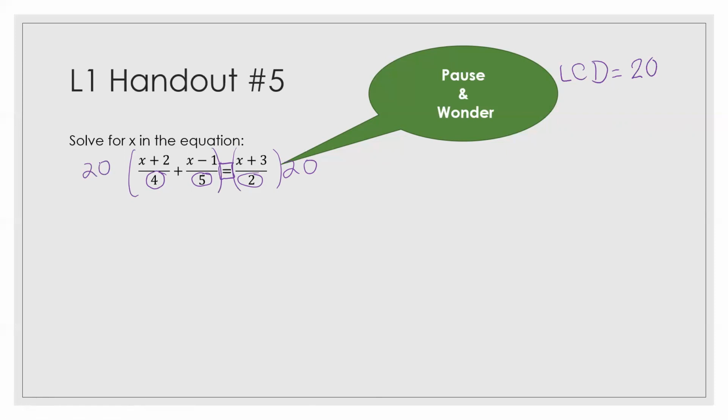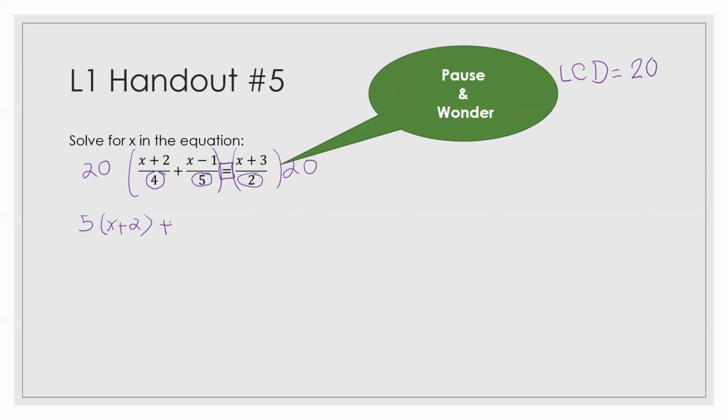Okay, how does that help? Well, as you can see, this 4 goes into 20 5 times. So I have 5 times x plus 2 that is left on my first term.